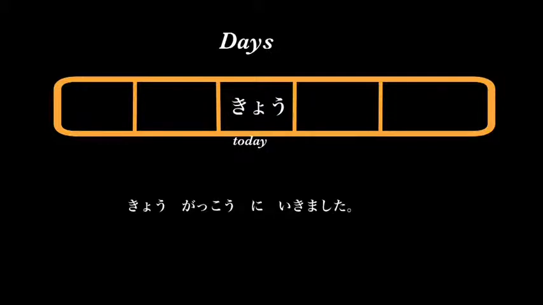If we're talking about days in terms of today, yesterday, tomorrow, etc., we start with today. Kyou. Kyou, gakko ni ikimashita. I went to school today, if you're talking at the end of the day.